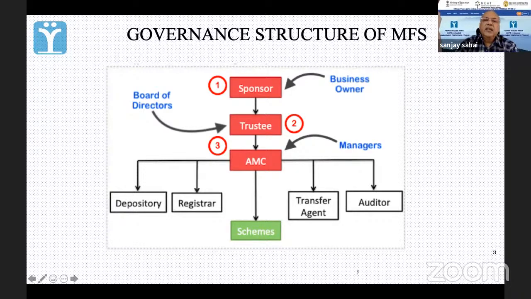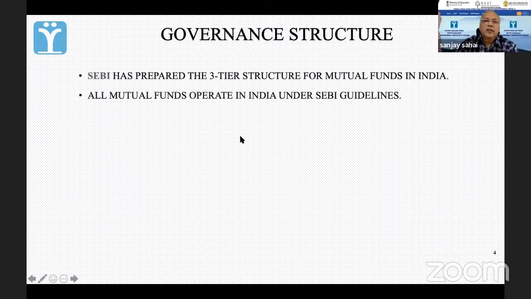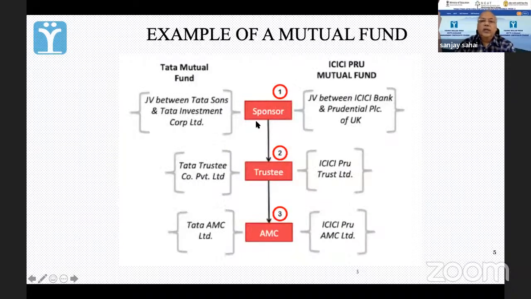The first thing to remember in a mutual fund is that this is the way it actually works. There is a sponsor, there is a trustee, and there is an arm's length relationship between the sponsor and the trustee. Let's say that Tata Mutual Fund is the sponsor, and it wants to start an asset management company. It will start the company, but this company is going to be looked after by Tata Trustee Company Private Limited.